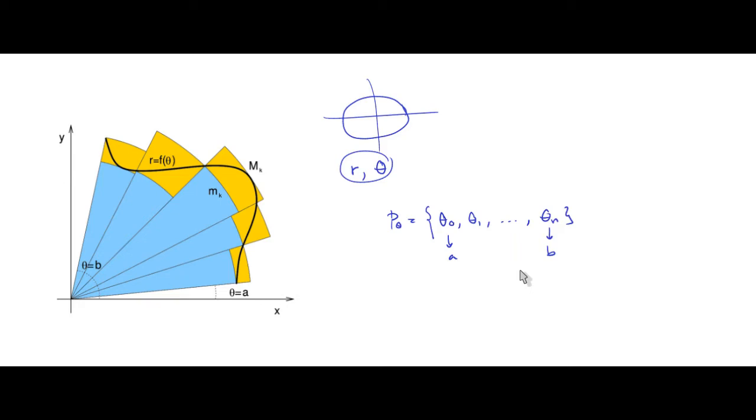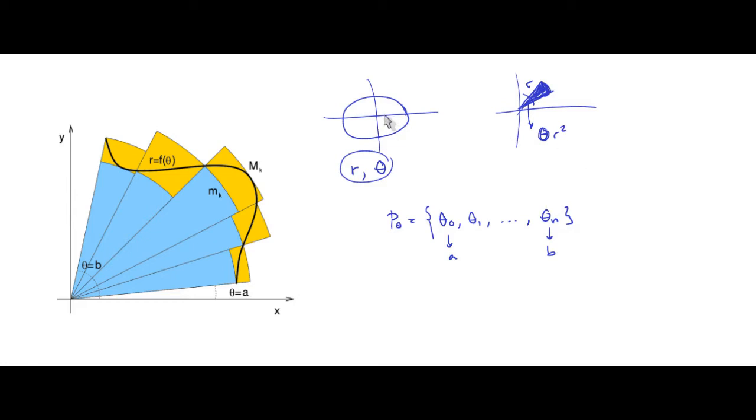Then in each of these intervals we have circular sectors. The area of any given circular sector, like this, is given by the angle covered in the circular sector times r squared, divided by 2.